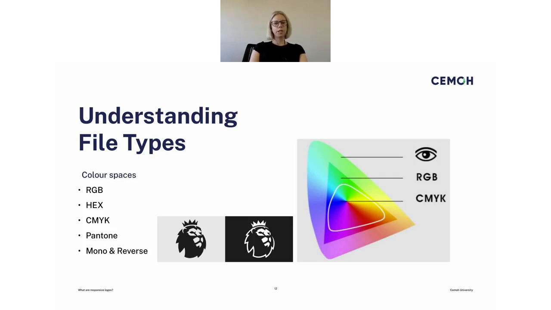And mono and reverse is something that we used to use a lot and still do use a lot across print applications, but it's also important to note that sometimes your logo will actually look different in a mono application and a reverse application. I've included this Lions logo here to show a mono, which is a fully black logo, and then what I would call a reverse logo, which is the imprint of the same logo in a one color application.